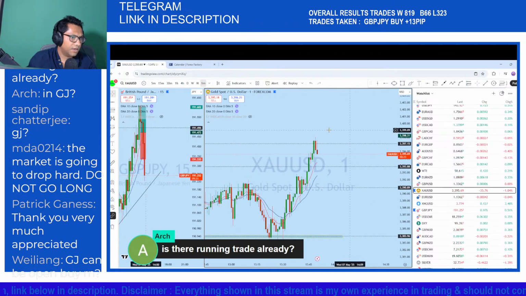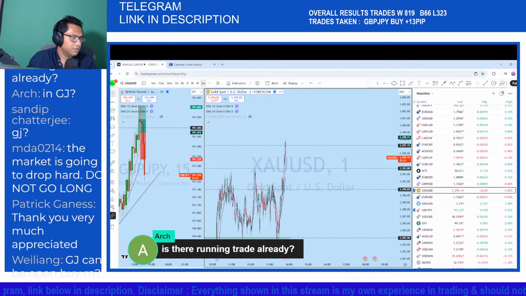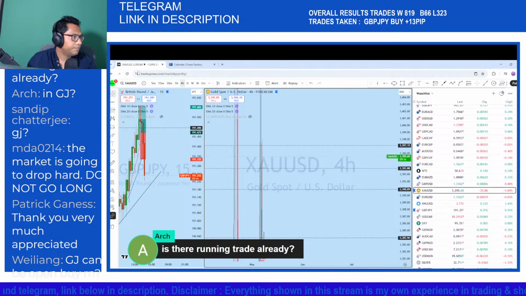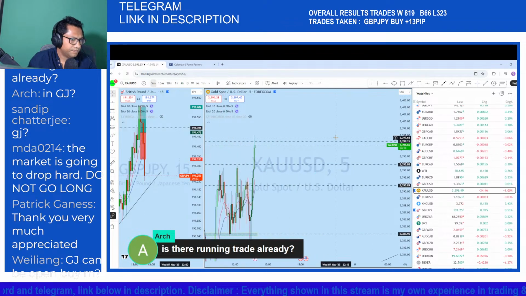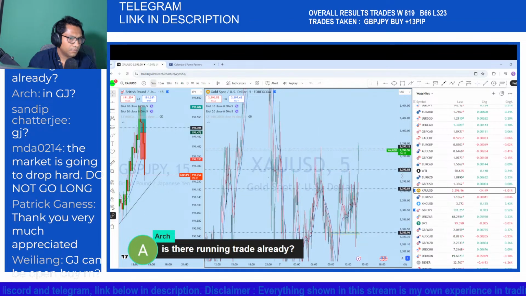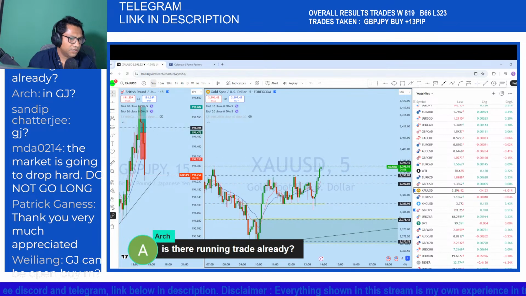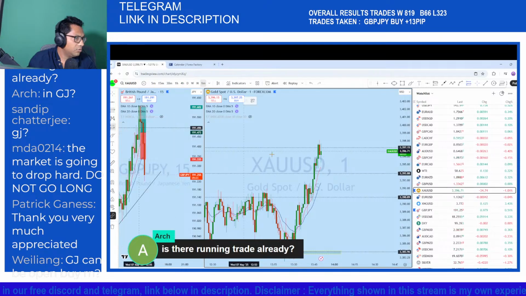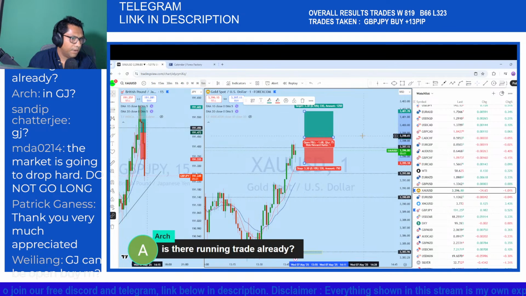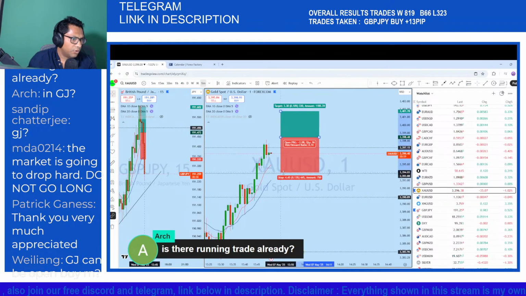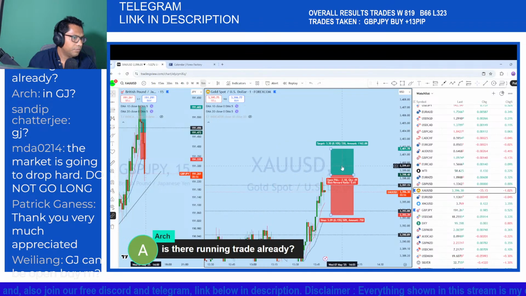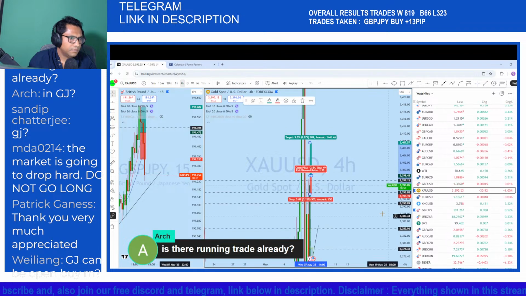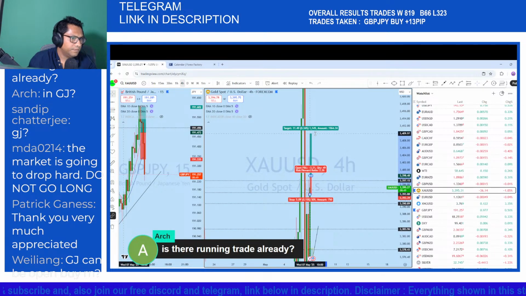Now, if we look at 4-hour again, let's look at the lower time frame, 5 minutes. If the market is trending from the 1 minute, we'll be placing a buy stop above this high, stop loss below this swing low, TP target to the upside to this daily level.